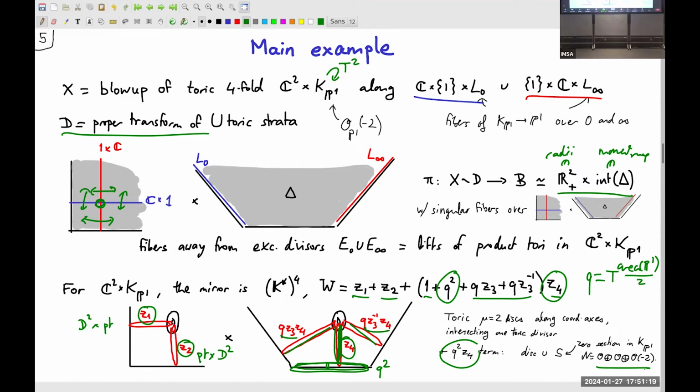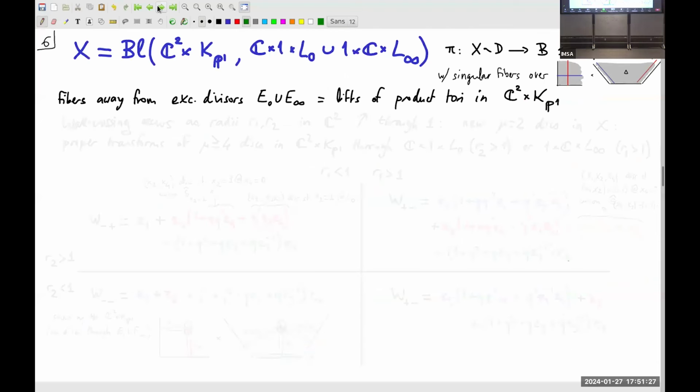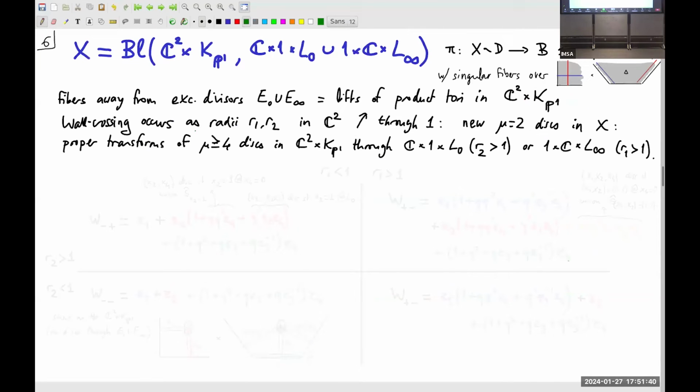Okay, so anyway, we have this thing. And now the game will be to redo the calculation with exceptional divisors in the picture and see what happens. The first thing to note is that in the blow-up, the main transitions we have to worry about are the radius of my torus in the C^2 directions. And why is that?